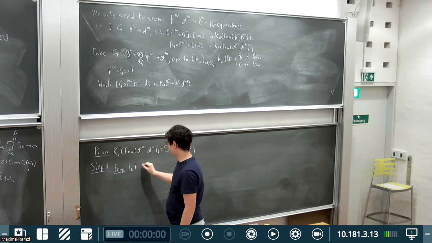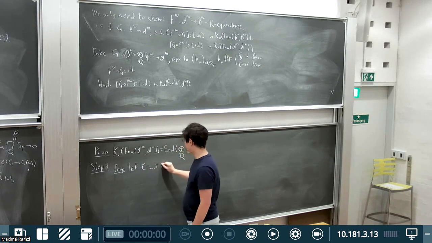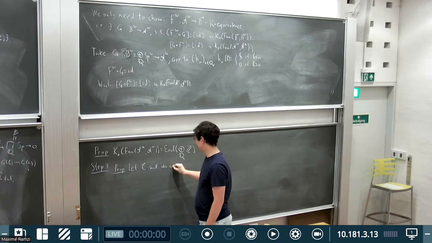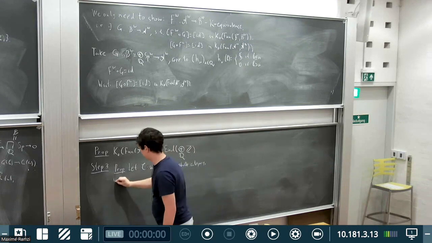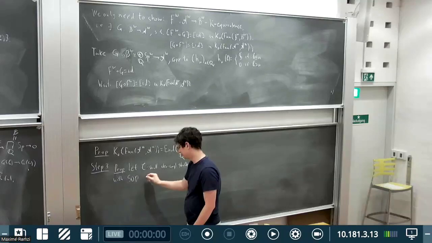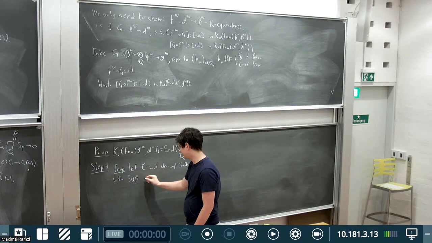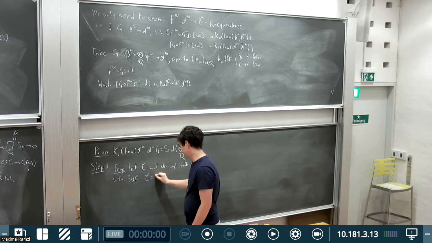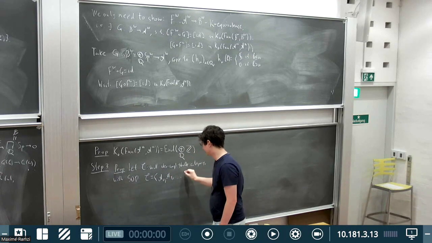So let C be a small idempotent complete stable category with infinite semi-orthogonal decomposition indexed by natural numbers. With SOD, so C decomposes into A0, A1, and so on.